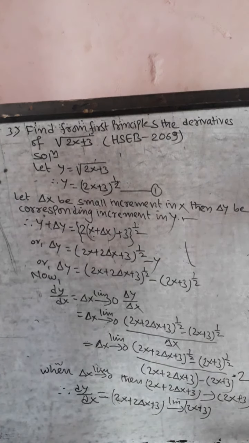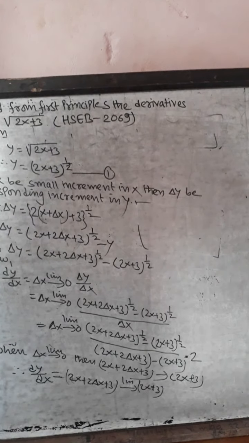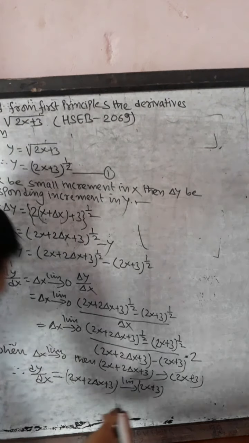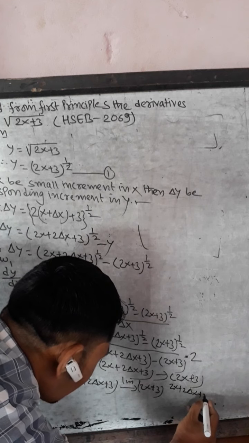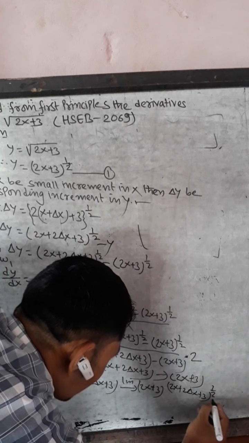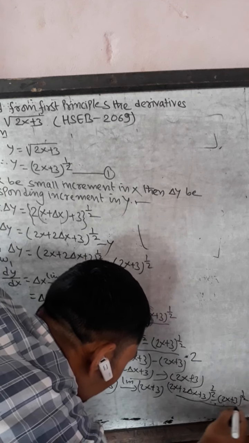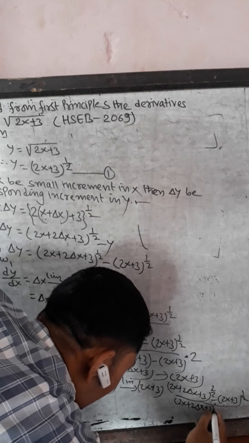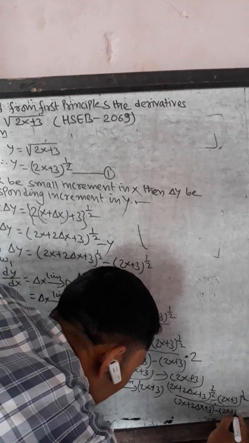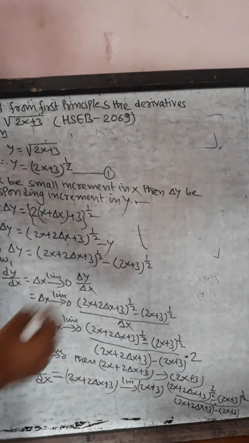Then the remaining part: 2x plus 2 del x plus 3 to the power 1 by 2 minus 2x plus 3 to the power 1 by 2, divided by 2x plus 2 del x plus 3 minus 2x plus 3. Okay, remaining part we'll do over here.